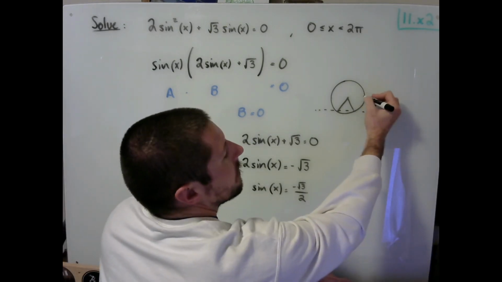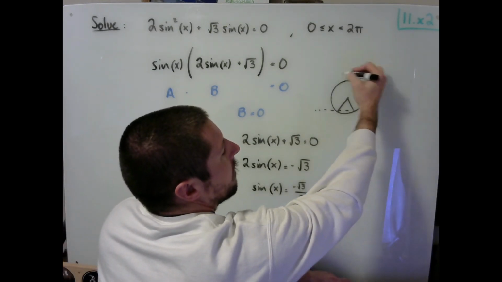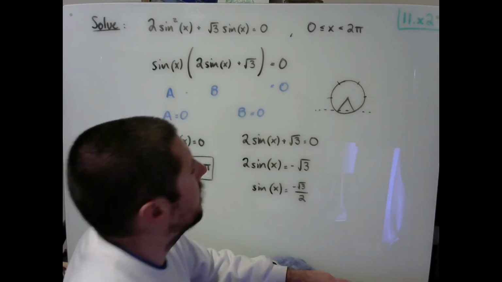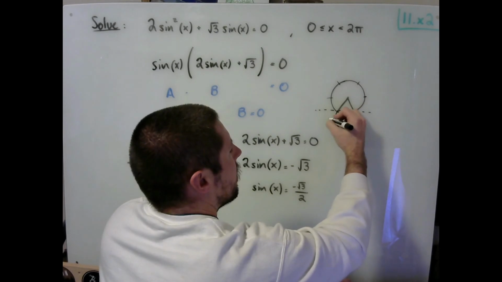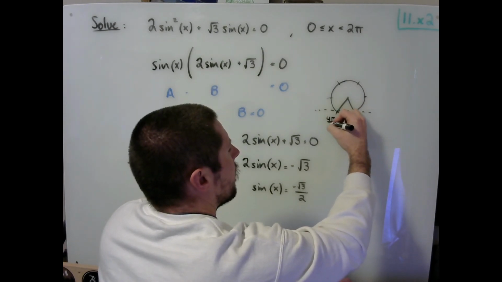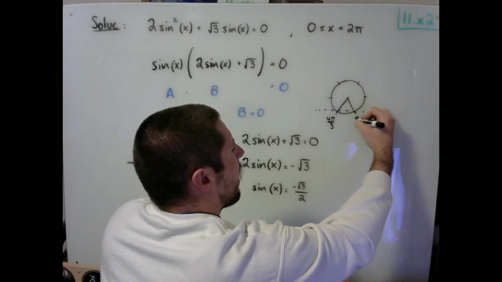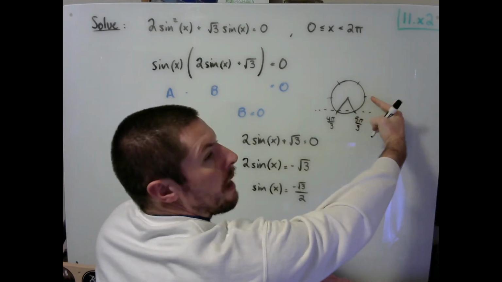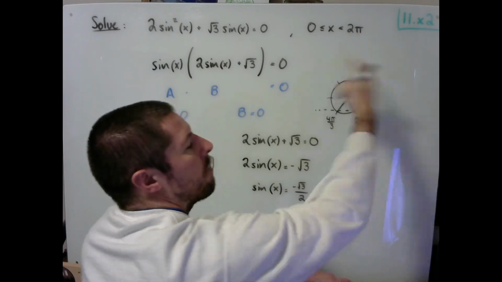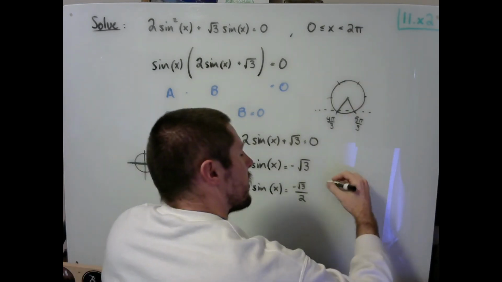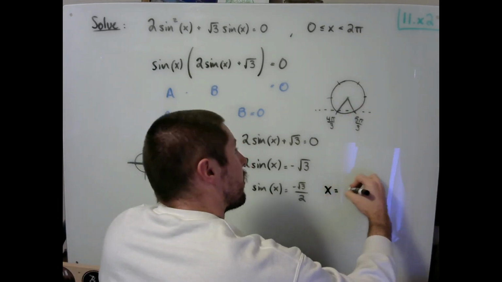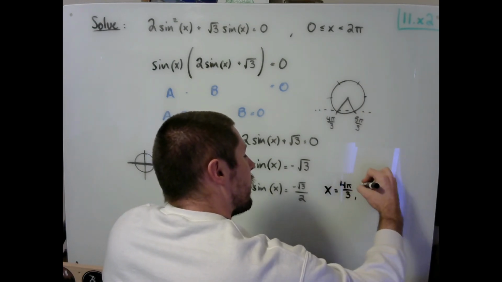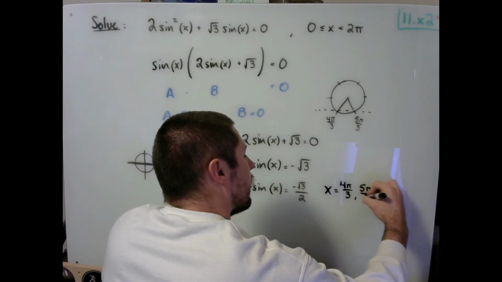So I'm thinking to myself, 0 pi thirds, 1 pi third, 2 pi thirds, 3 pi thirds is just pi. It looks like this is going to be 4 pi thirds, and then 5 pi thirds. And this makes sense to me because one more gets me to 6 pi thirds, which is 2 pi, which is the same thing as 1 full revolution. So it looks like the two parts of my answer that I'll be getting from this equation are 4 pi thirds and 5 pi thirds.